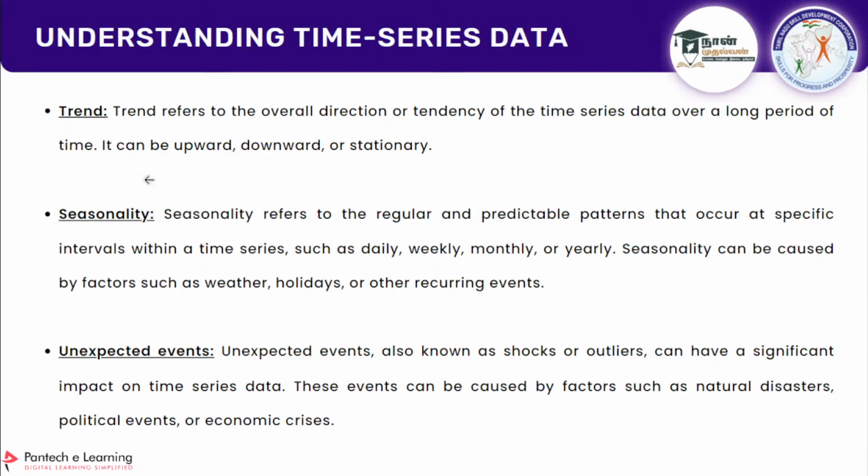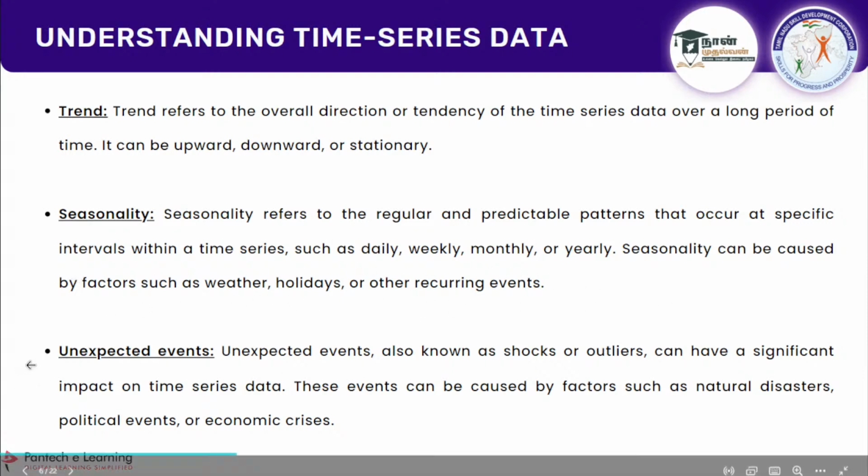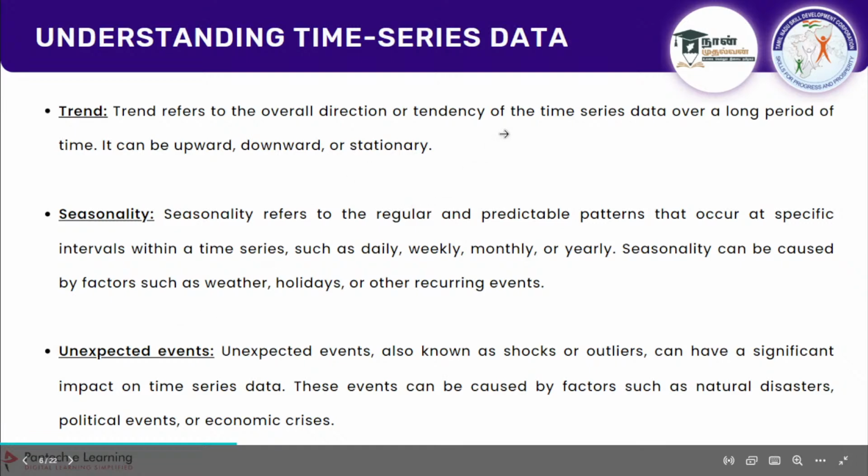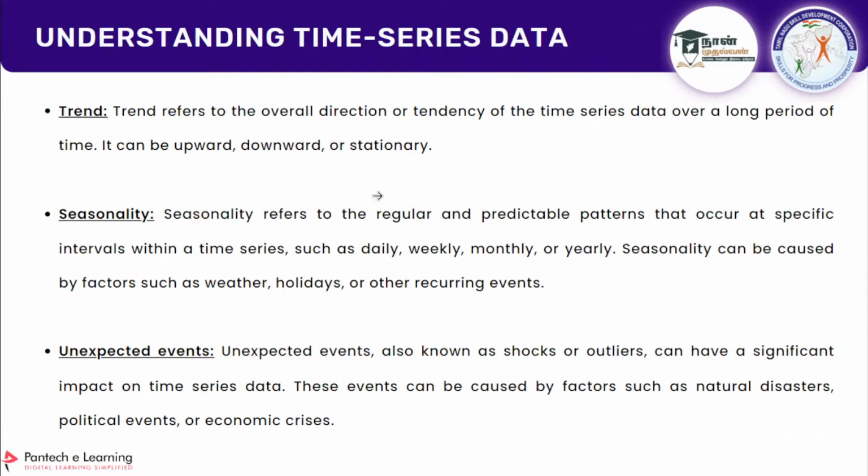For example, you are seeing a graph plotted from year 2000 to 2023, and you can see a gradual increase in the trend. It may go high and come down, but overall when you see it, it keeps on increasing.